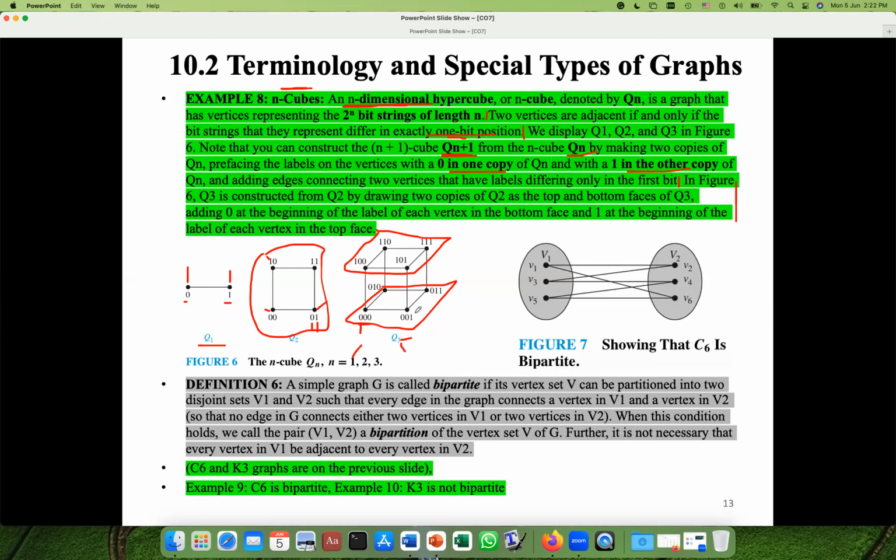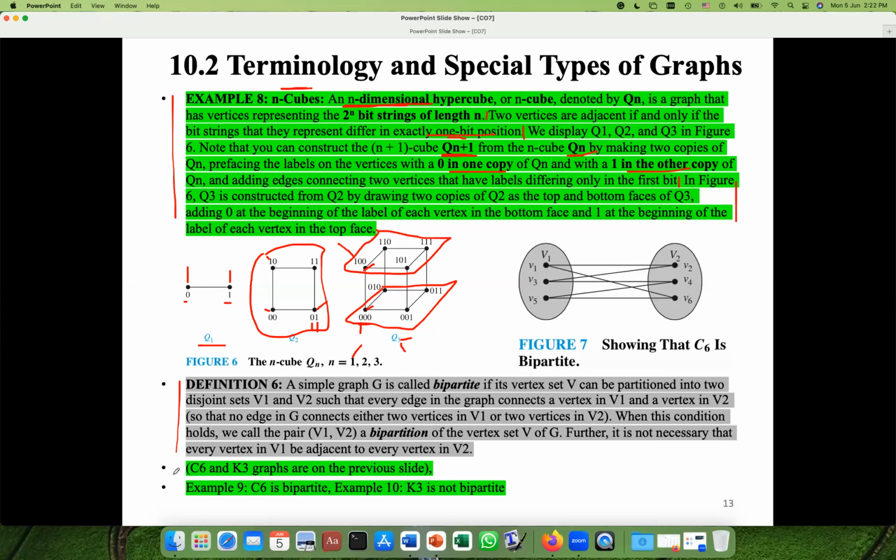And here we know that you have to keep bit strings starting with 0 at the bottom and bit strings starting with 1 at the top. If two vertices are adjacent to each other, look at the difference: the right hand side 2 bits are the same, only this one is the difference. So that rule also exists there. This is how you can get the n cube, and how you can draw the graphs labeled as n cubes.